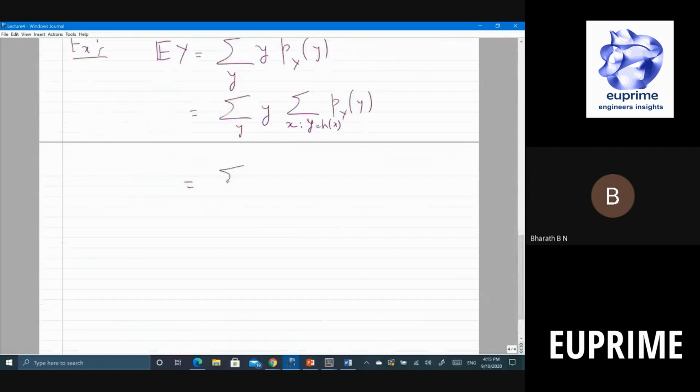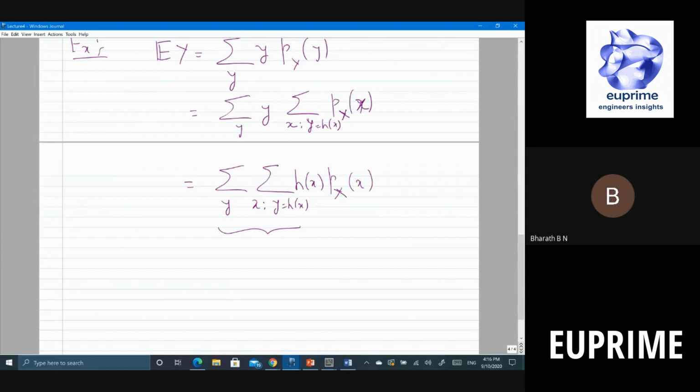So this I'll write as summation over all y, summation over all x such that y equals h of x, y times p_x of x, right? So now what is y? I can replace y by h of x here, because y equals h of x, right? This is clear, right? Is this step okay? Yes, sir. Now, what can you say about these two summations?